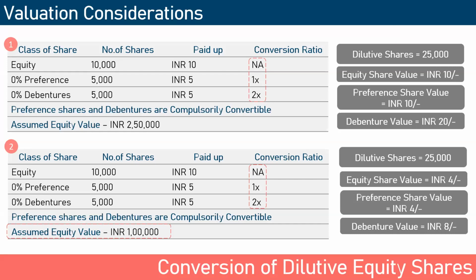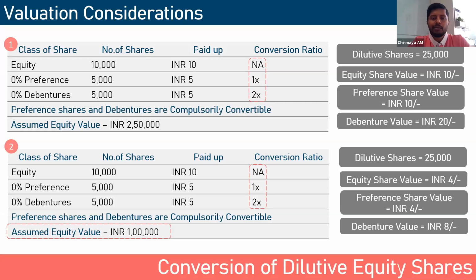Hello. Yes, Mr. Harsha. Sir, here we have seen the 0% preference shares, which are compulsorily convertible into equity shares, right? Yeah. But if the convertibility is at a later date, not at the valuation date, is it necessary to adjust this while calculating the fair value of the equity shares?